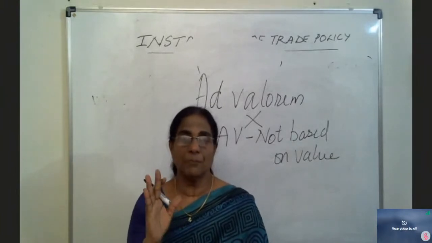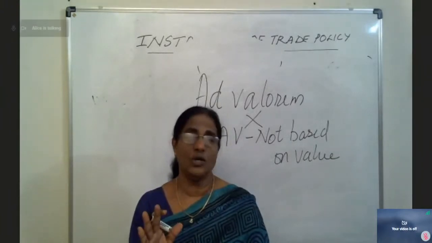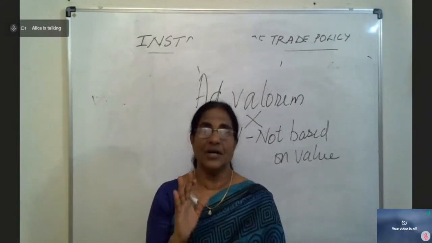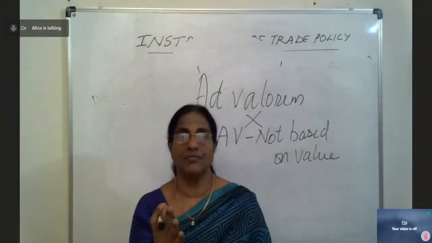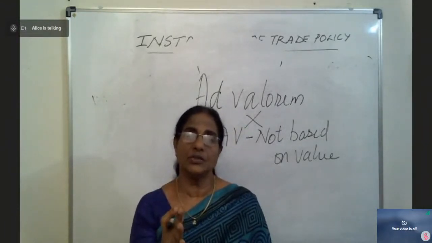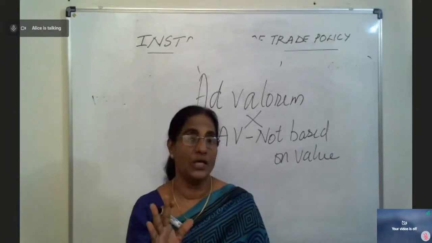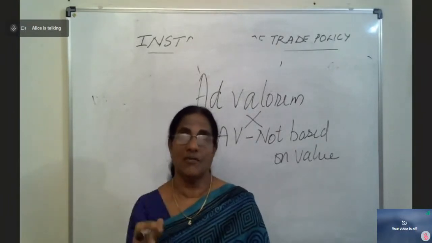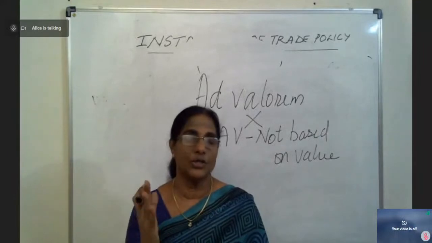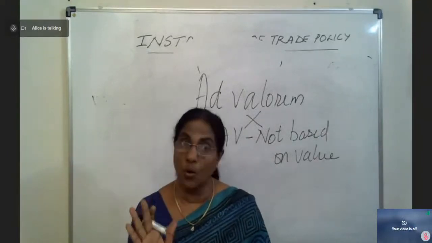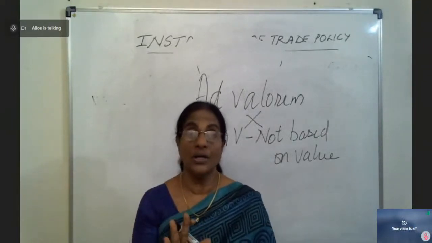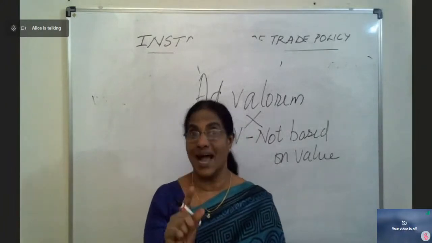It comes as a specific tariff. What is a specific tariff? A specific tariff is not related to the value of the imported good. Whether it is 5,000, 10,000, 20,000, 50,000, no. It is a monetary tax.